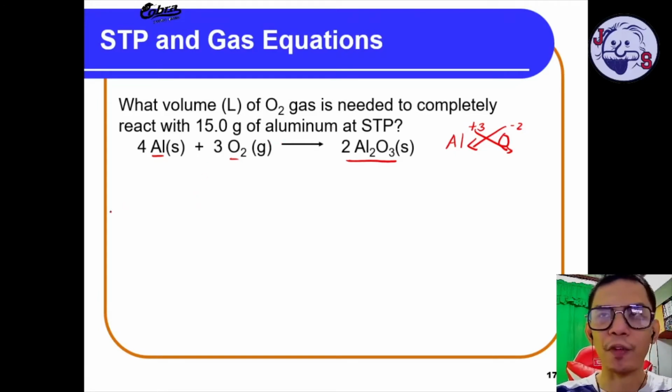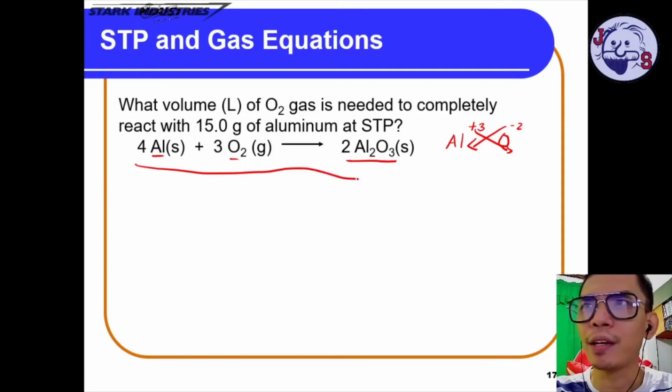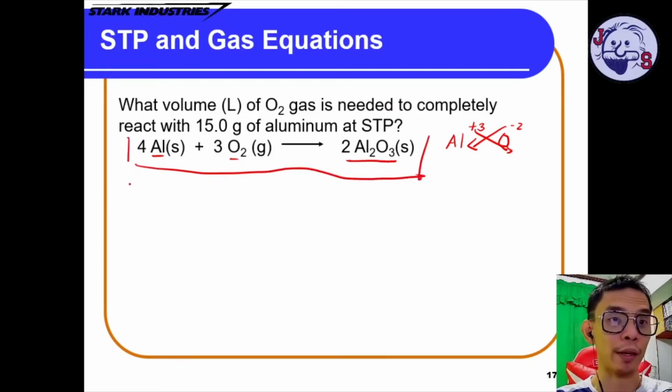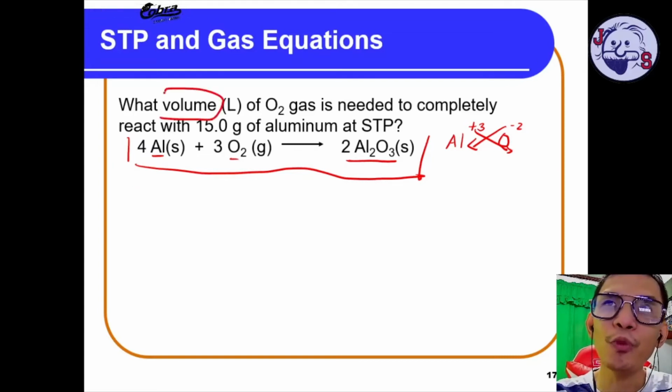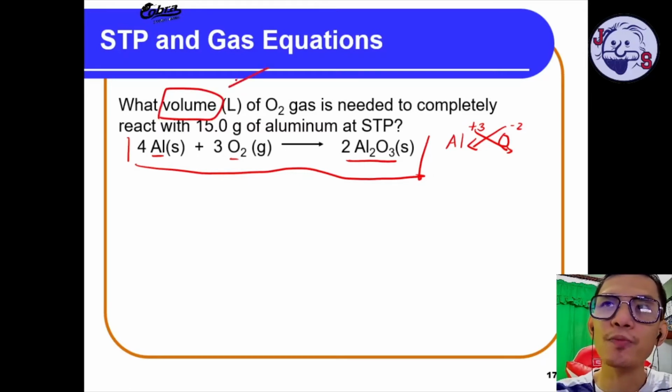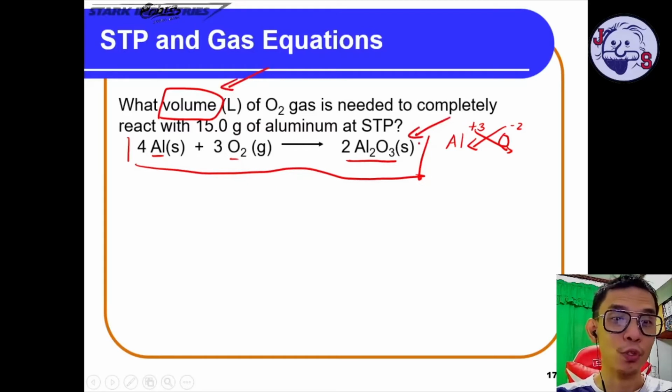Now, what if your equation is not balanced and is incorrect? What will happen? Your answer will be incorrect as well. Your final answer, which is the volume, will also be affected. So this volume depends on this equation.